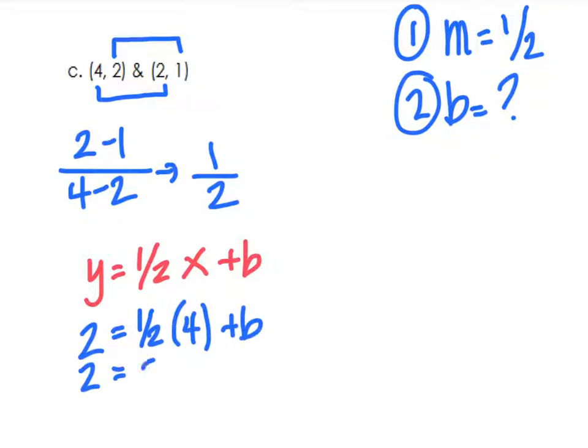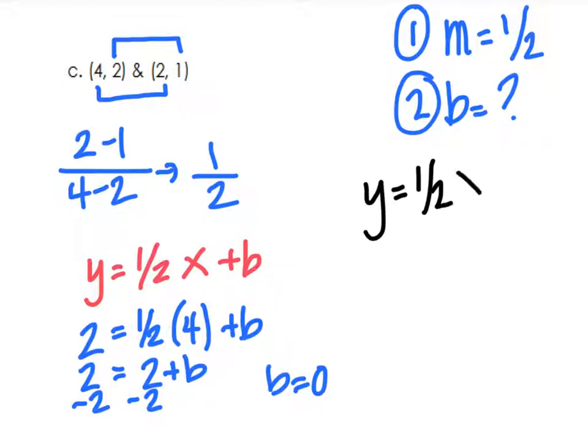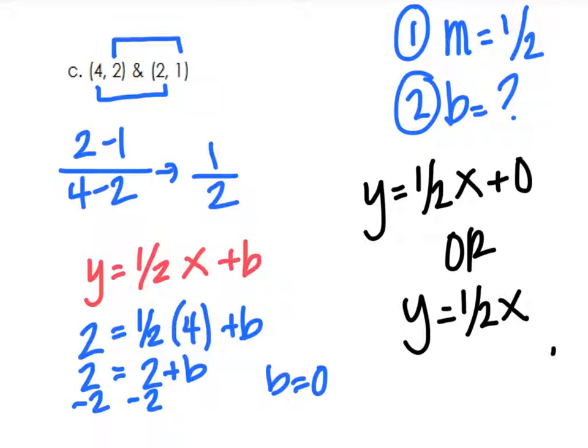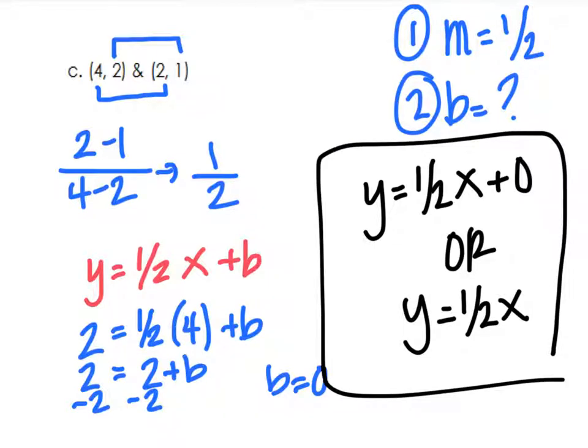So 2 equals 2 plus b. If I subtract 2 from both sides, I know b is equal to 0, which means I have the equation y equals 1/2 x plus 0, or y equals 1/2 x. Those would both be appropriate answers.